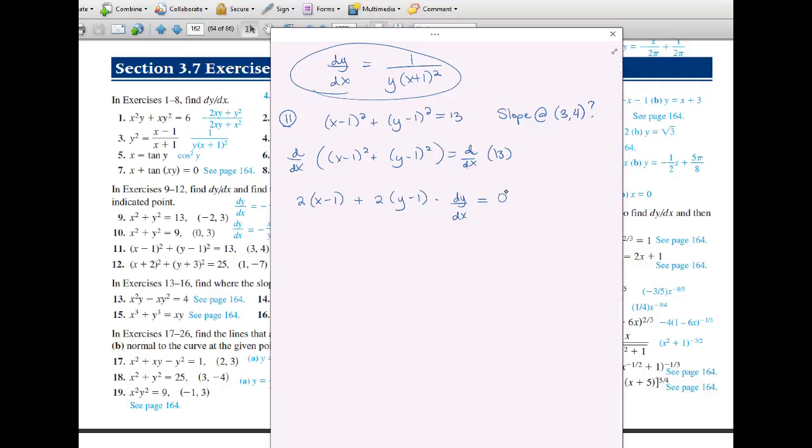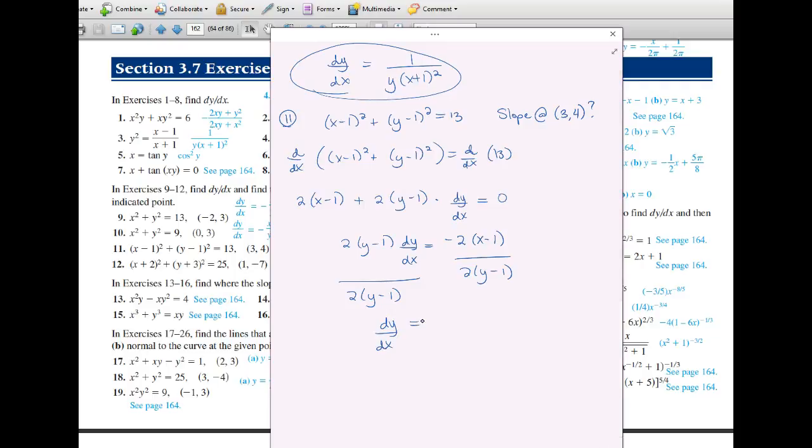Okay, I would not distribute. Here's why. The 2's are going to end up canceling. So I'm going to move this -2 times (x minus 1) over. So when I divide both sides by 2 times (y minus 1), I get dy dx equals, notice the 2's will cancel.